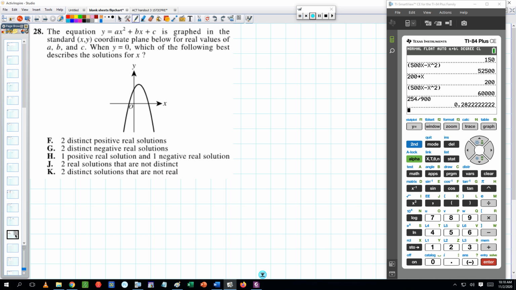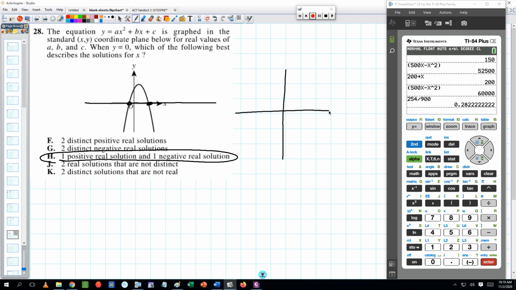The equation is graphed in standard form for the real numbers A, B, C. When y is equal to 0, that's this line right here. Which of the following best describes the solution for x? Well, because it's touching the x-axis, that means you have two real solutions. Because one of them is over here, that one is negative, and this one over here is positive. So we have two real solutions, one positive and one negative.